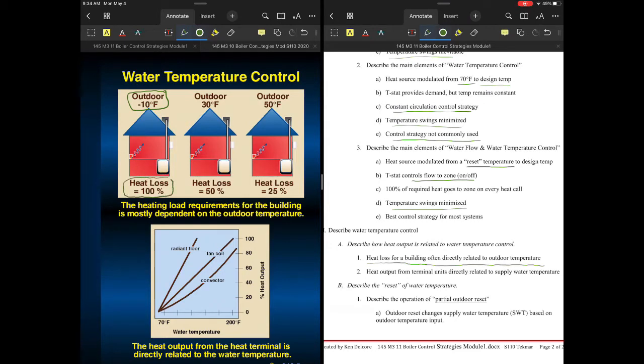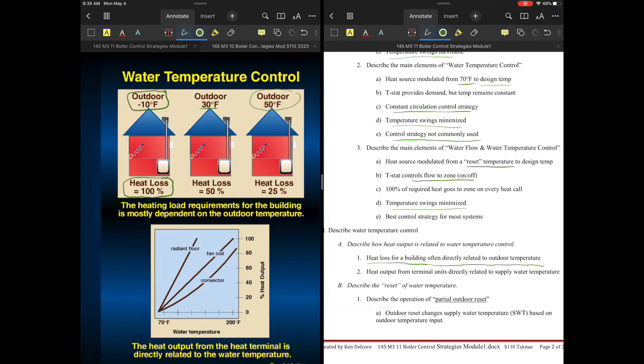Now, when we talk about the temperature control, and I'm on the left side here now, specifically, this makes sense. So if I had an outside design temp of -10, then if that were my design, we would say this is where we need 100% of the output out of those emitters to give us that. So we need 100%, and that's very typical.